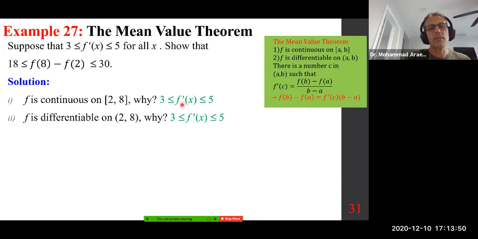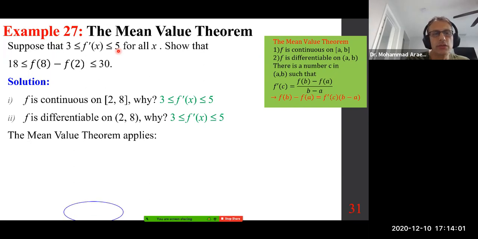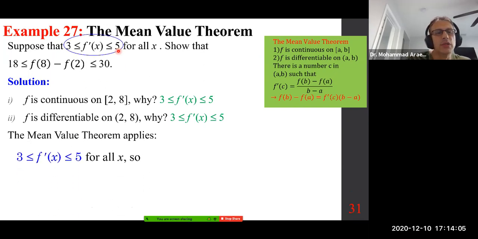So we start with the mean value theorem applies, and f prime is given to be between 3 and 5 for all x. So I hope you realize why the mean value theorem applies. Because f prime is between 3 and 5, so it's differentiable and continuous.